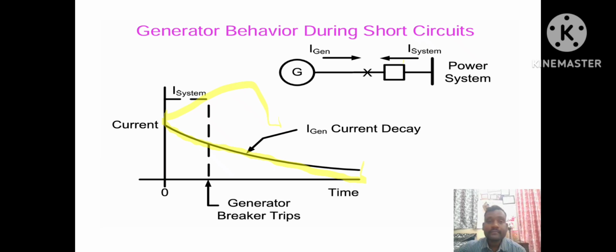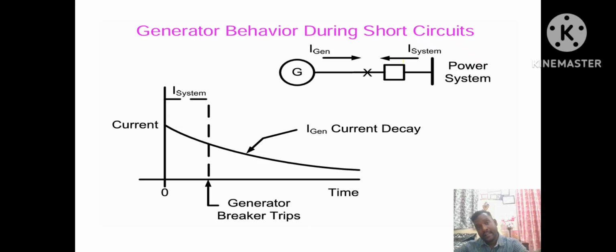Now, suppose at the time of the running condition, just before the fault, the current is high. As the fault occurs, before the generator breaker trips, the current will decay, because fault means the current is flowing towards the fault.